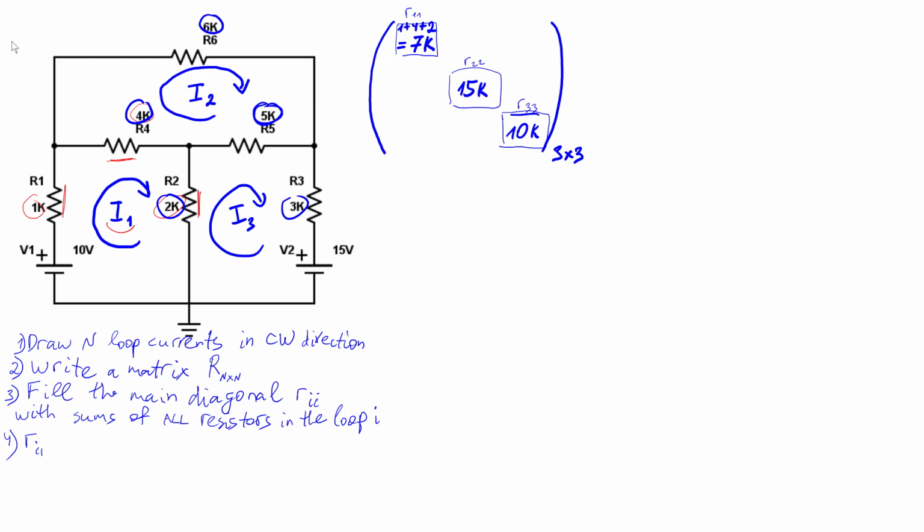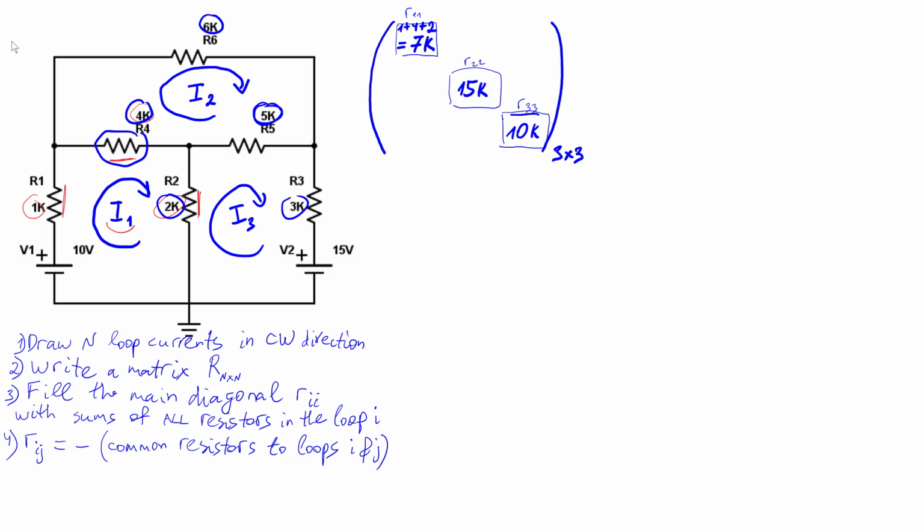So Rij, where i is not equal to j, will be minus the common resistors to the loops i and j, which means we are looking, for example, at loop 1 and 2, and we see that the common resistor is that one, because it's between loop 1 and loop 2.